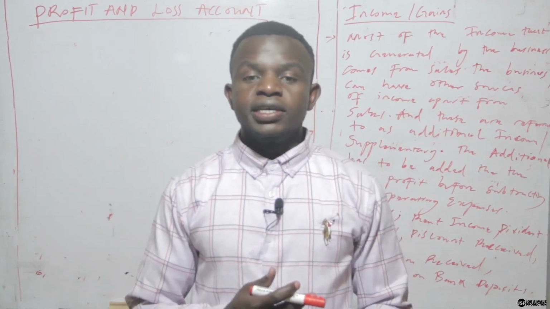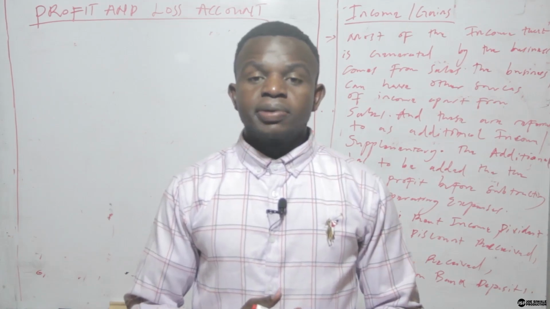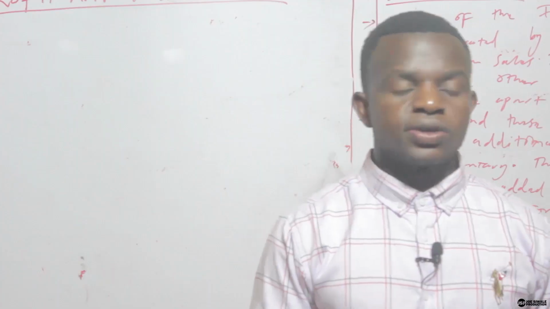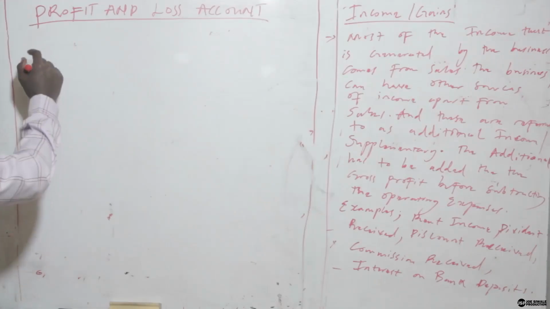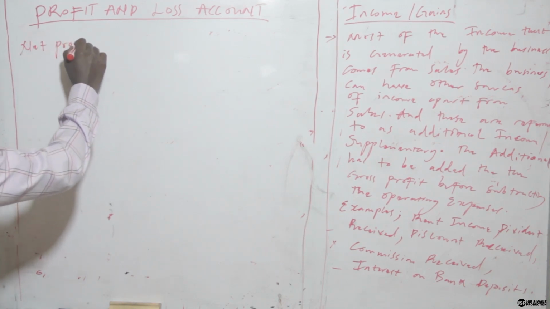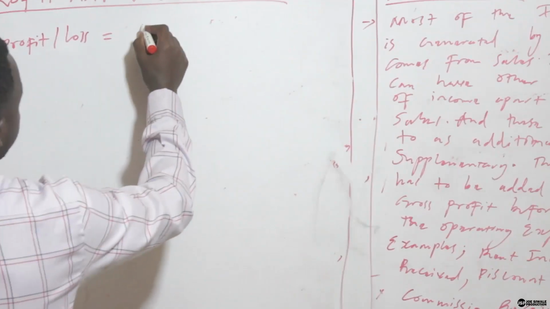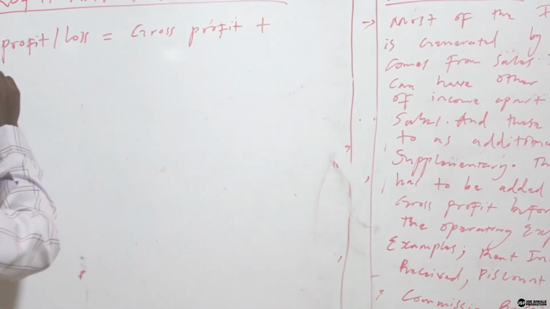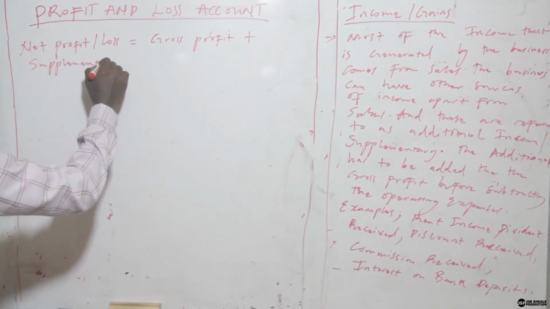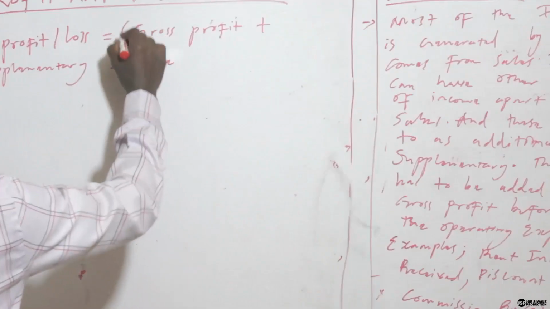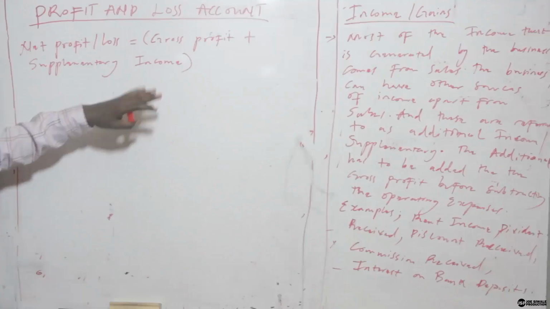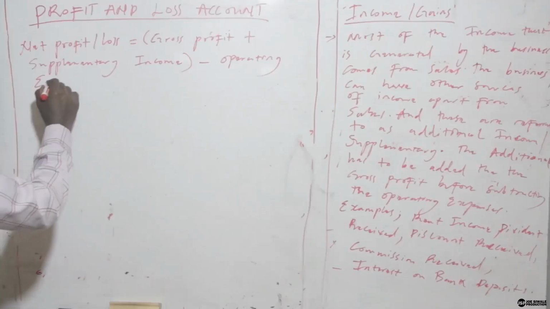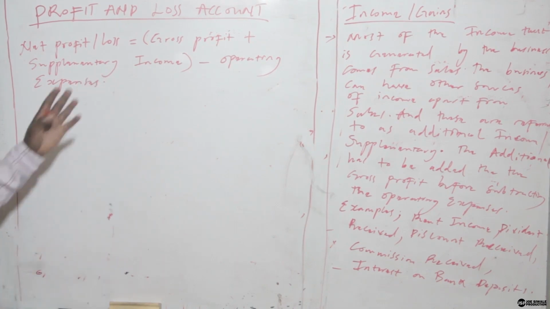So net profit or loss is equal to gross profit plus supplementary income, in brackets, then minus operating expenses or indirect expenses. So this is going to be the formula.